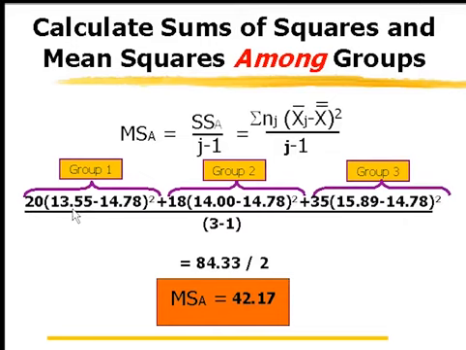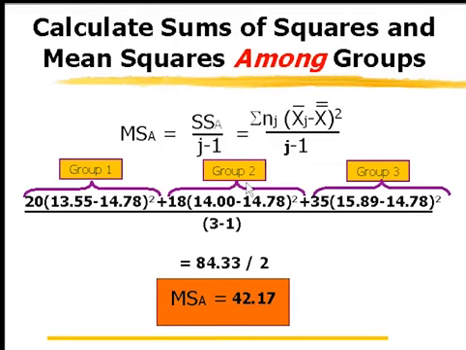Then we take the group mean, which was 13.55, subtract it from the grand mean, which is 14.78, and you square that, and that gives you part of the sums of squares among the groups. You do the same thing for group 2, so it's 14 minus 14.78, and then you do the same thing for group 3, so it's 35 times the square of 15.89 minus 14.78.